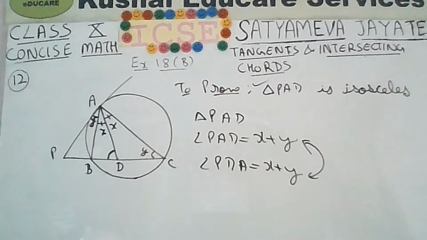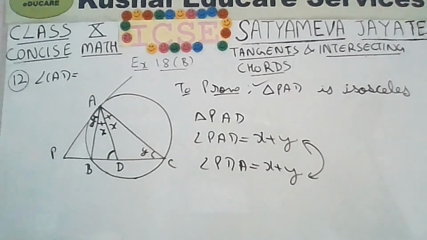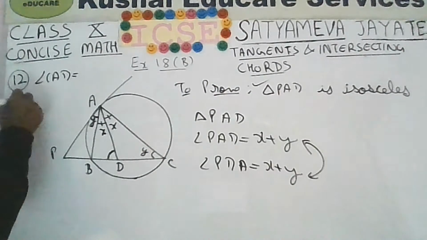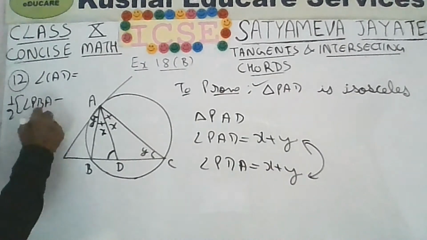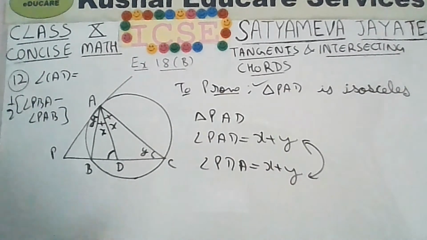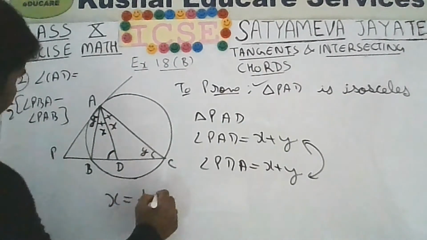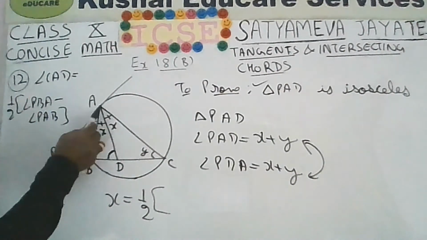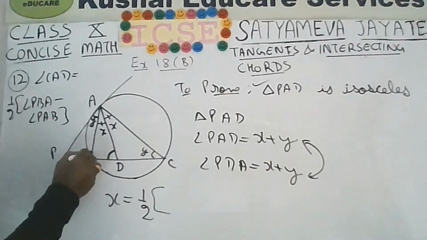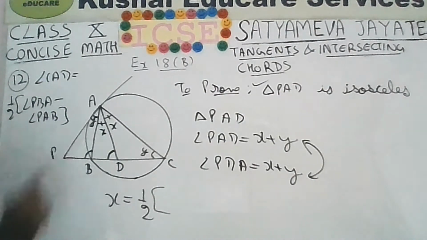Okay. Then next we have to prove that angle CAD is equal to 1/2 times angle PBA minus angle PAB. So what is CAD? Angle CAD is x. We have to prove x is equal to 1/2 of PBA minus PAB. PAB we know, so we should find this angle PBA.